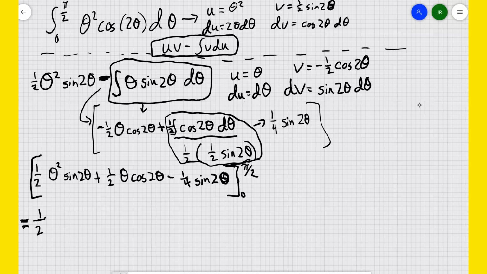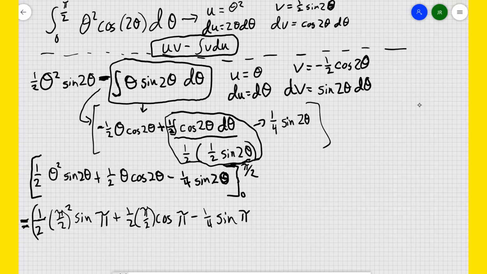So 1/2 times pi over 2 squared sine of 2 times pi over 2 is just pi, plus 1/2 times pi over 2 times cosine, again 2 times pi over 2 is just pi, minus 1/4 sine of, again, 2 times pi over 2 is just pi.